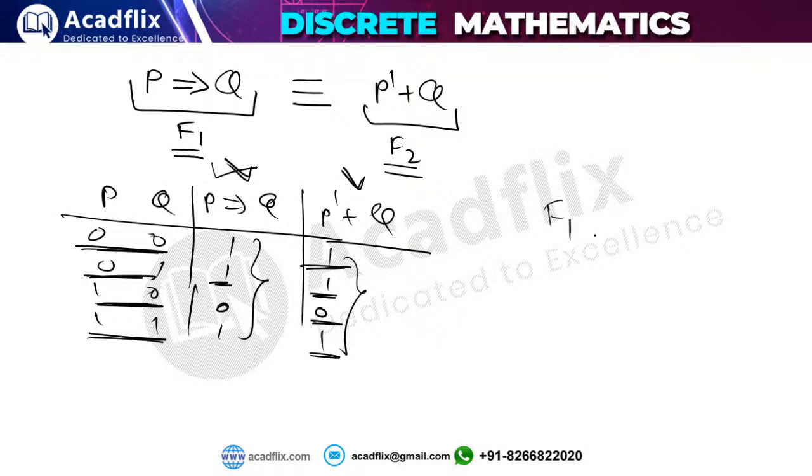So whenever we say that a formula F1 is equivalent to formula F2, we mean that whenever this is true, then this is true, and whenever this is false, then this is also false. So this is what we mean by equivalence.